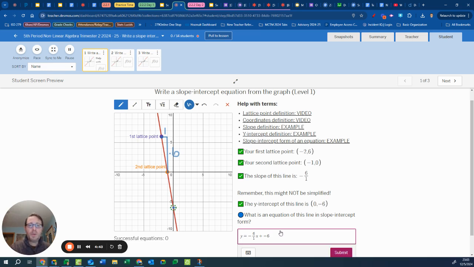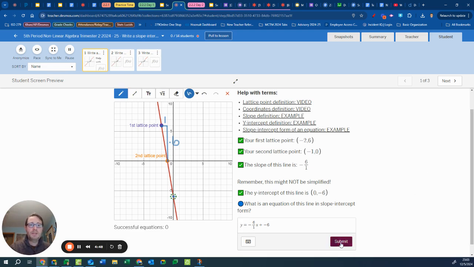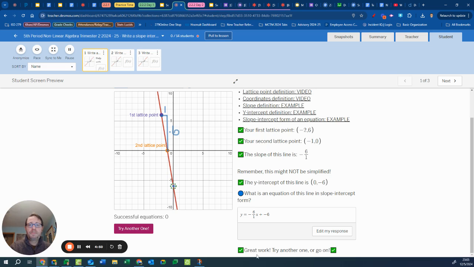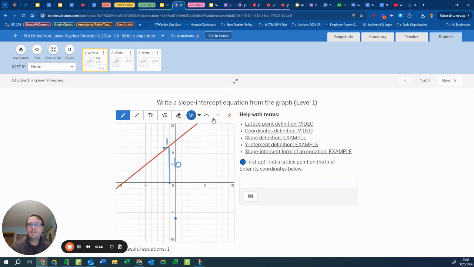Or you might also know that I could just put -6. But DESMOS will be happy with this. And at this point, you can get another one by clicking this, clearing the graph and going on.